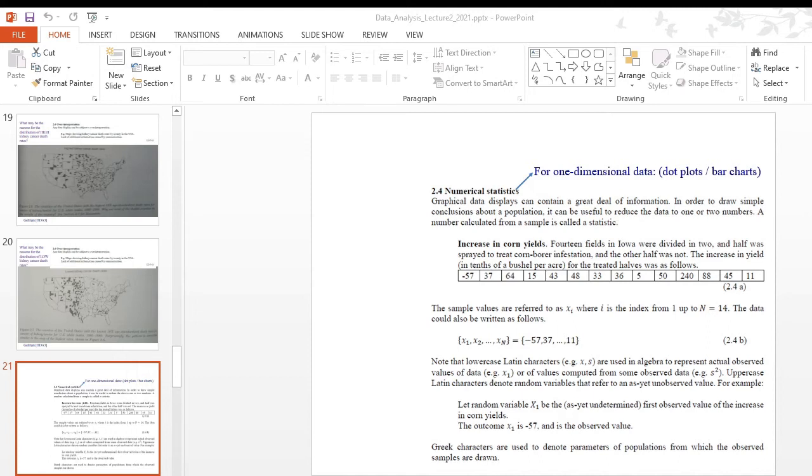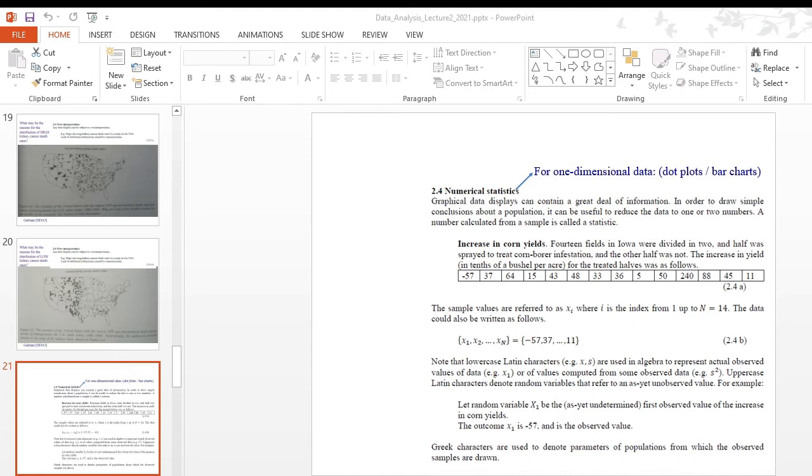You should be aware that when you're choosing to write reports, lowercase Latin characters like small x are used to represent actual observed values of data. So something that you have observed and written down, which is a number, like 15, that's a sample, and you'd write that down as, say, x subscript 4, your fourth observation.